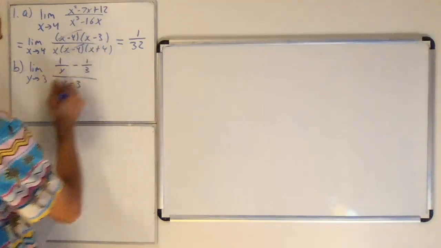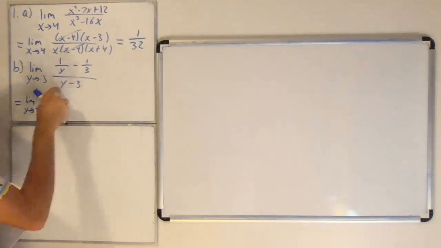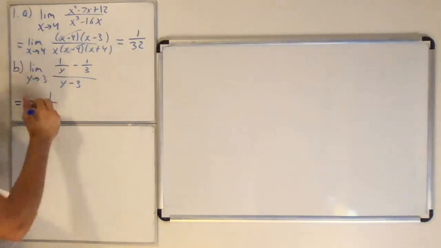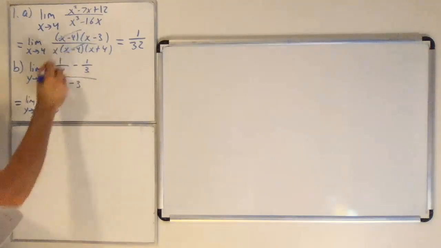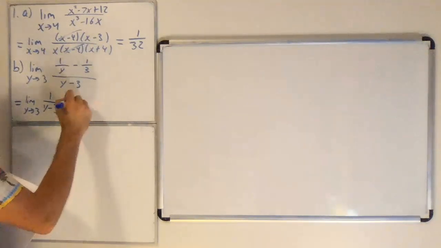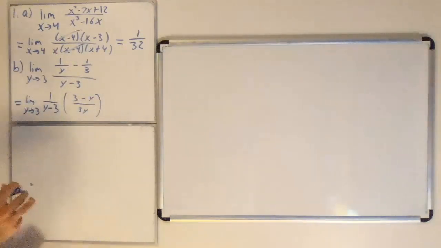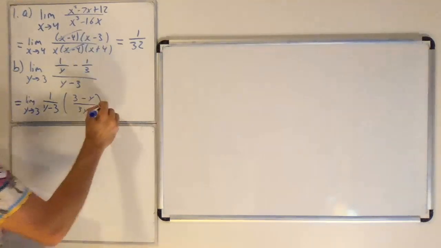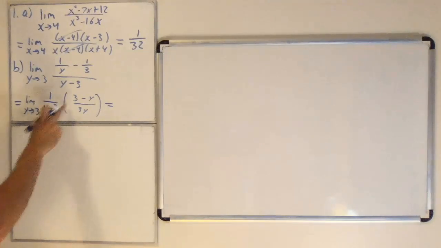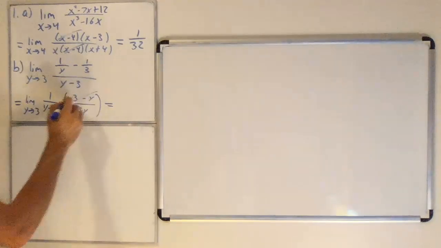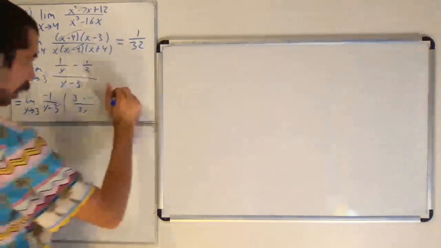So what we could do is move this y minus 3 from the denominator up to the numerator as a 1 over y minus 3. And then we could get a common denominator here. Okay, and you can see that we have a y minus 3 in the denominator and a 3 minus y in the numerator. Those cancel out to give us negative 1. And then we could plug in y equals 3, and we get negative 1/9.